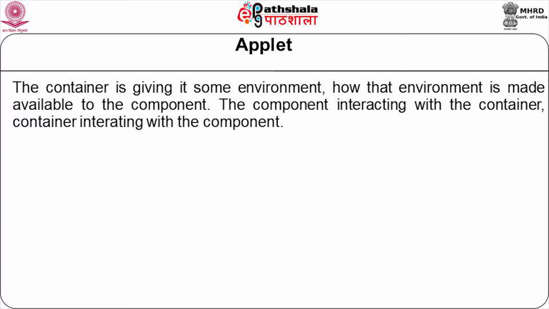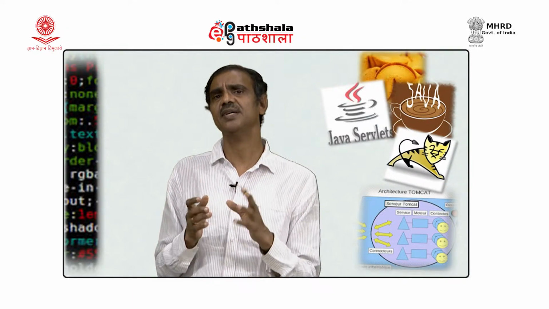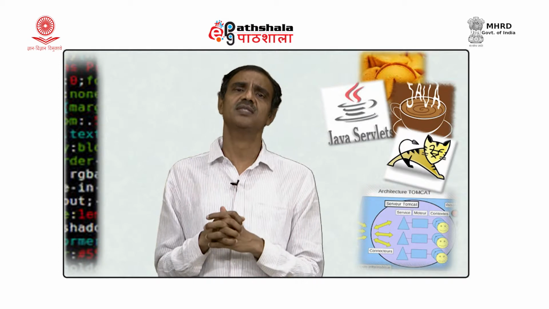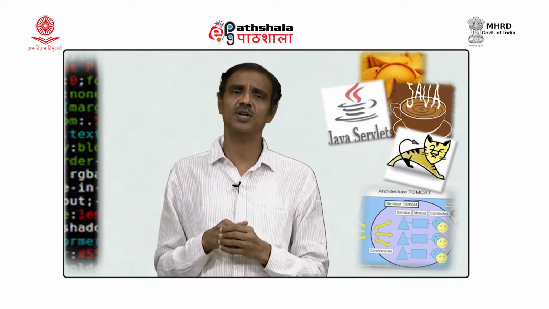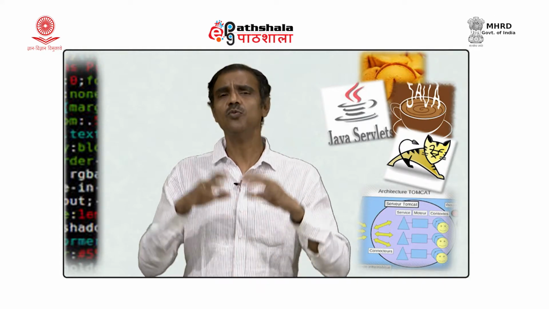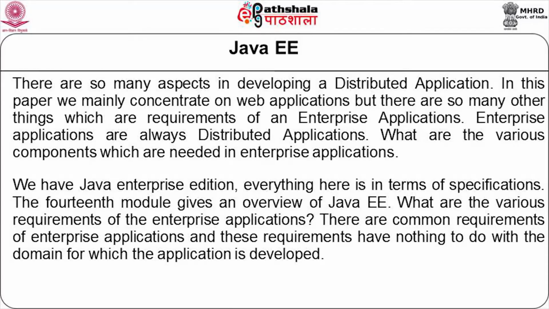That is why we have chosen to include applets in modules 12 and 13. And then we have module number 14, because we are going to be following the Java technology. There are so many aspects in developing a distributed application, though we concentrate mainly on the web aspect. But there are so many other requirements of any enterprise application.